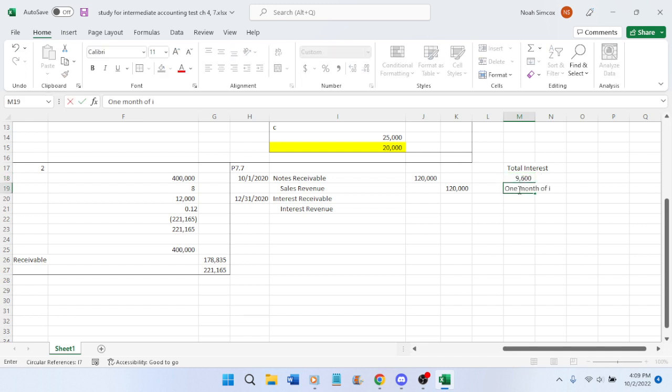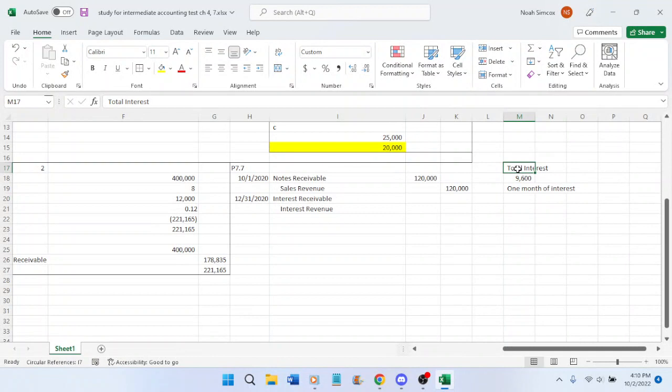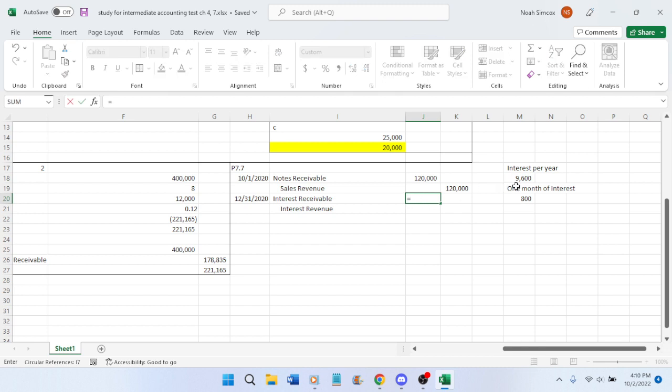No, this is interest per year. 1 month of interest equals this divided by 12. They are owed 3 months of interest because October, November, December. So therefore, this is this times 3.